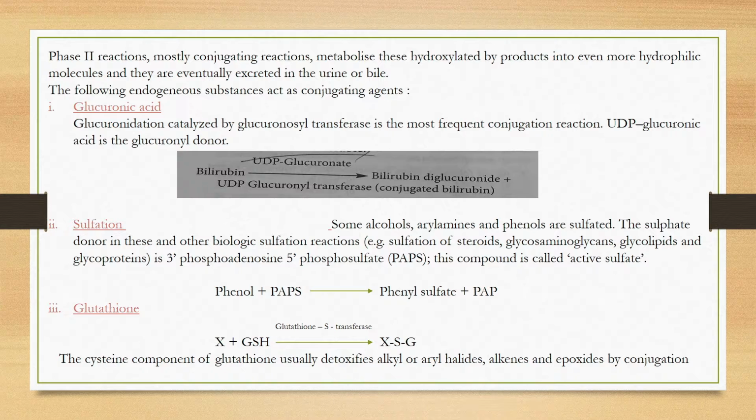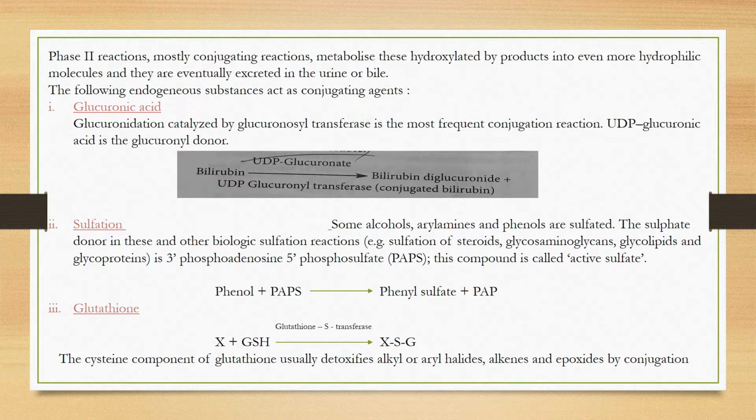We have seen this reaction: UDP glucuronic acid and bilirubin are conjugated to form bilirubin diglucuronide, the conjugated bilirubin, which becomes more water soluble. UDP glucuronyl transferase is the enzyme that catalyzes this reaction.